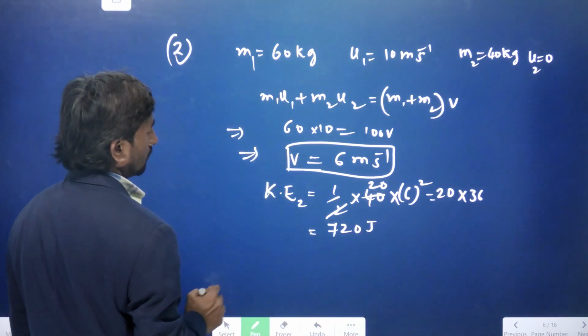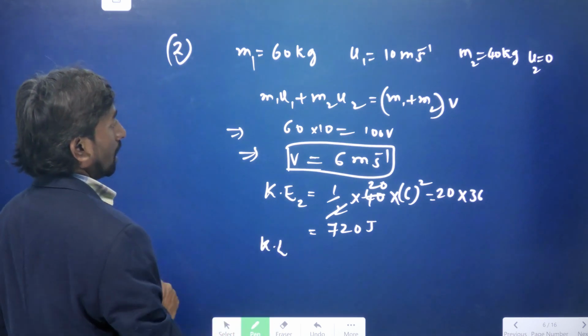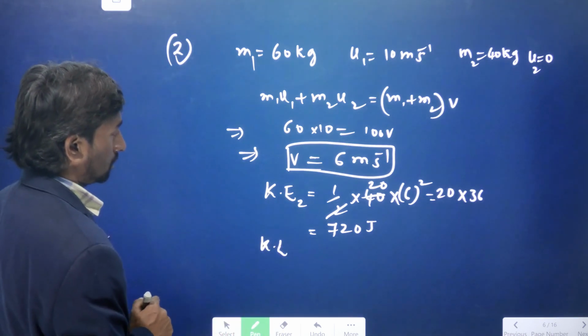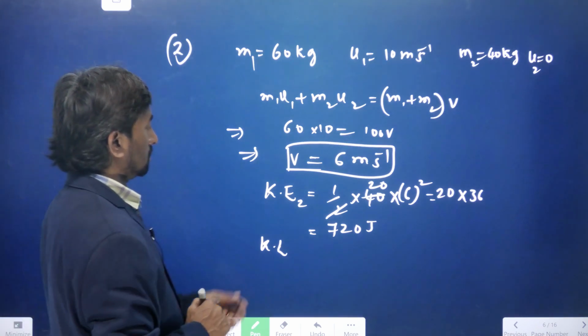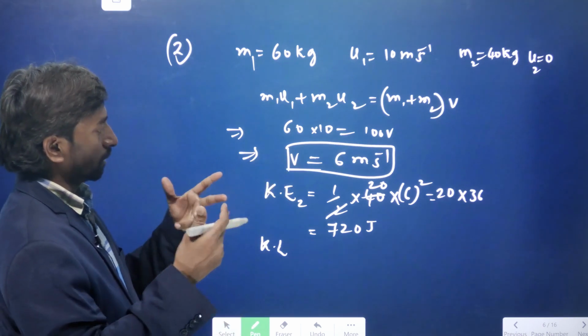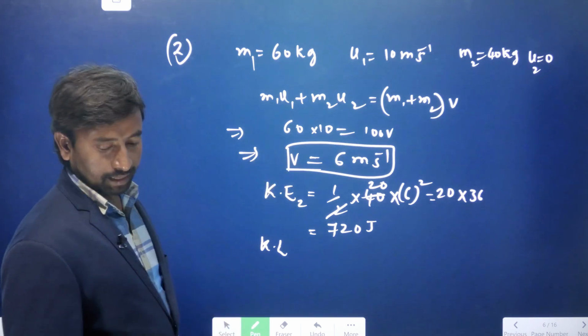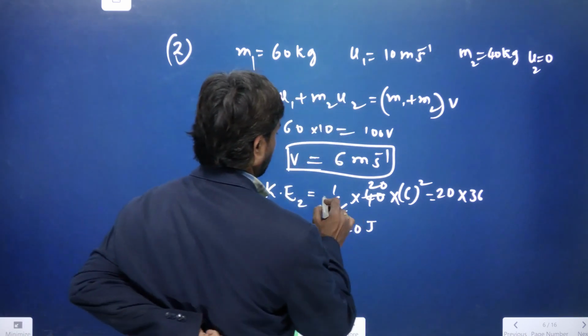Then K1 we can write here. But after the collision they are stuck together and moving, so for the final kinetic energy we should consider both masses.